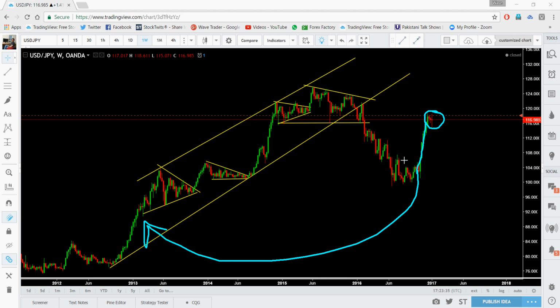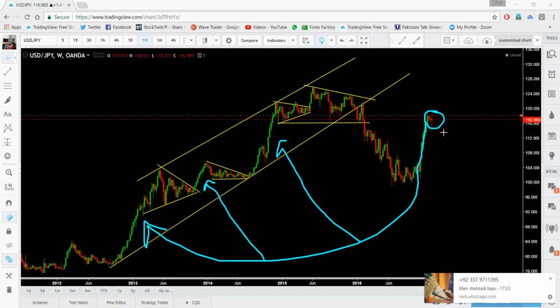For continuation to the upside, you need to wait and see what kind of pattern is going to form here.